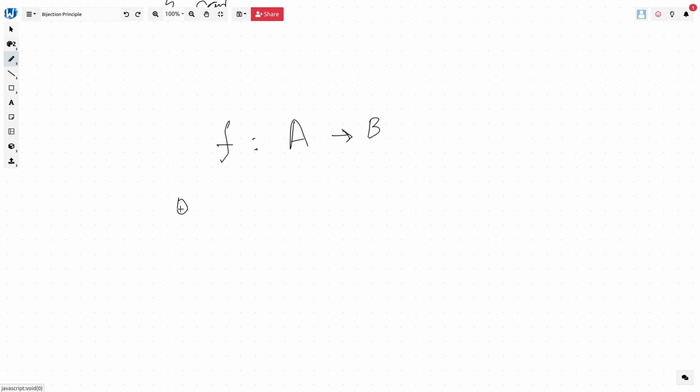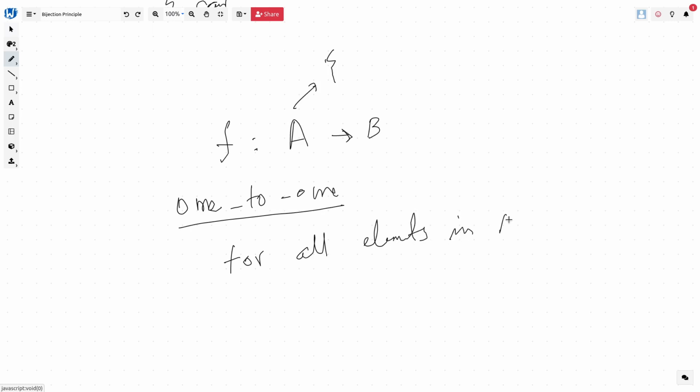This function is called 1 to 1 when, let's say this set has all the elements, so it's called 1 to 1 if for all elements a in A, there exists an element b in the set B where f(a) is equal to b, right?